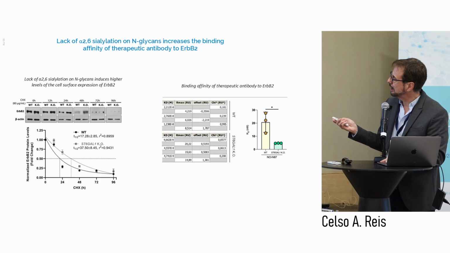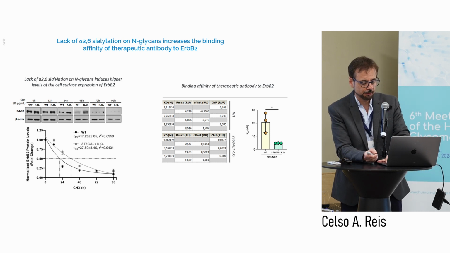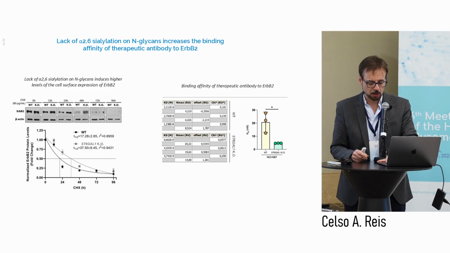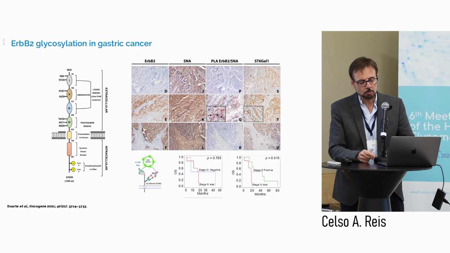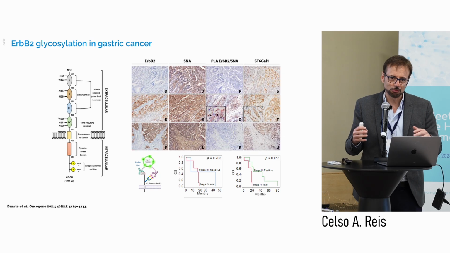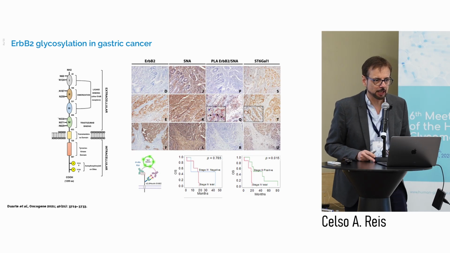By SPR, you can see a clear difference in affinity of the antibody towards the receptor. Of course, we dream of applying this analytical strategy to the clinical setting, and I hope we get there.